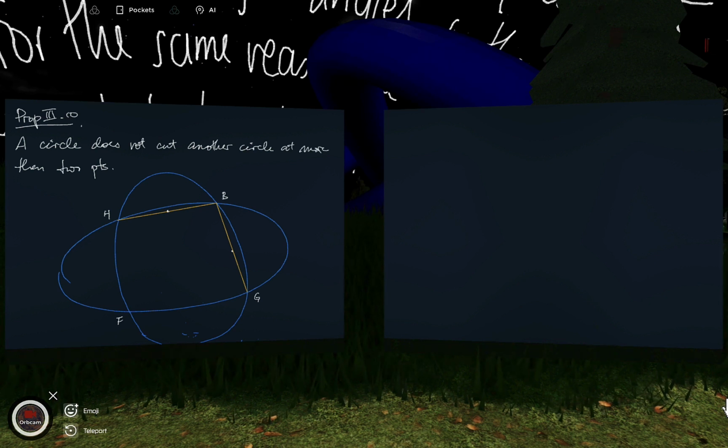I don't remember the number, I didn't look it up, but we can bisect these lines. Then we're going to construct perpendiculars on these points. I'm going to call this point D, and this other point, which is the midpoint of BG, L.